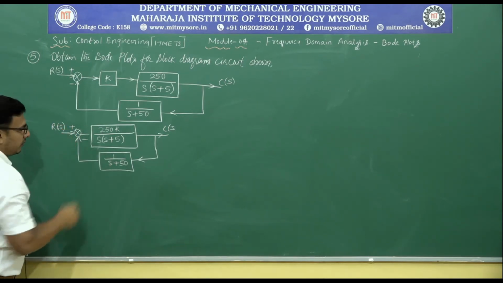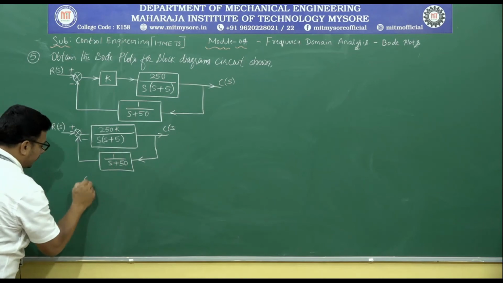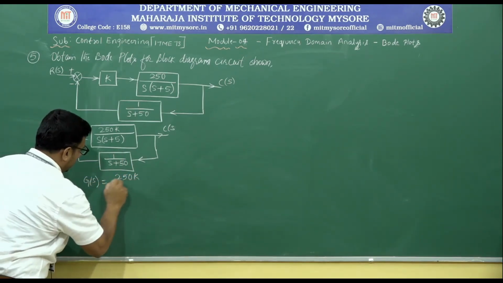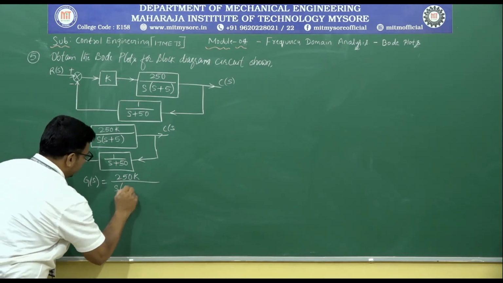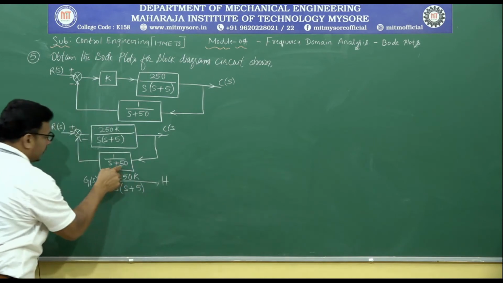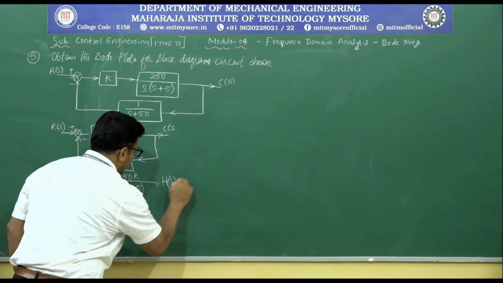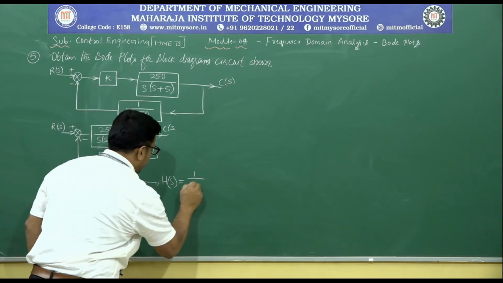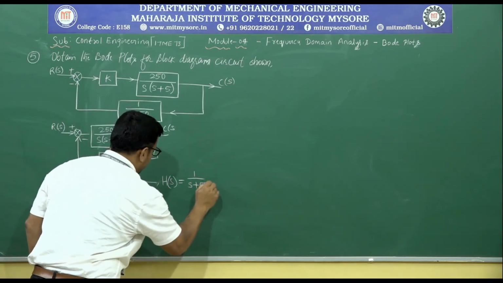Now the content of this block is nothing but G(s), which is 250K divided by s into (s plus 5). Then the content of this block is nothing but H(s), so H(s) is equal to 1 divided by (s plus 50).